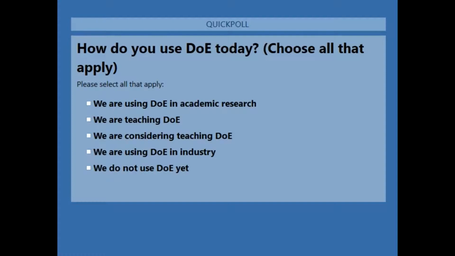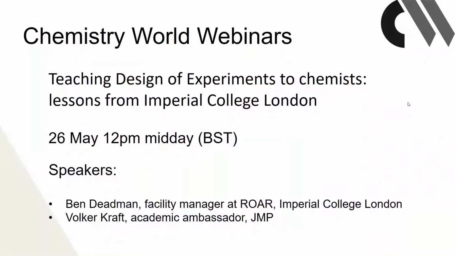Meanwhile, thank you ever so much for all of your questions. There's a lot of questions that have come in. I'm going to try and group a few of them together so we can get through as many as we possibly can. While people are still filling in the poll, we've still got plenty of time for you to vote in that. One of the questions that has recurred throughout this is essentially what sorts of chemistry can you use design of experiments for?